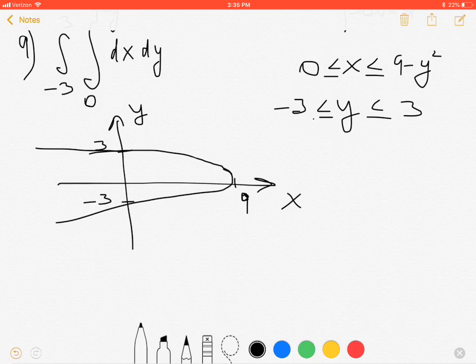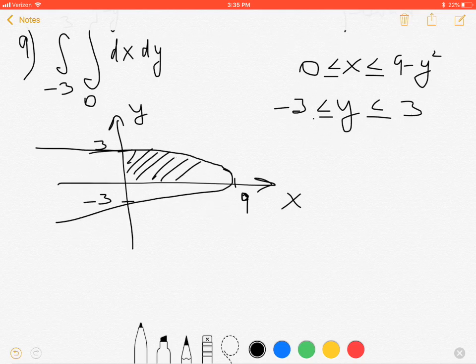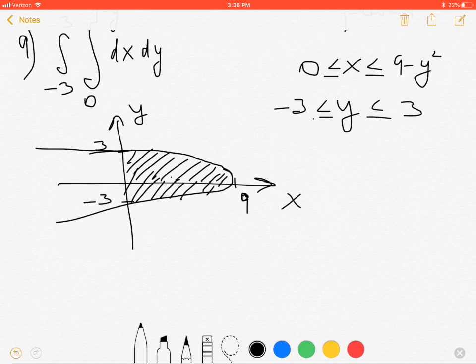Then x changes from 0 to 9 minus y squared, which means x changes from 0 to here, until the curve, because y changes from -3 to 3. You see? X from 0 to here.